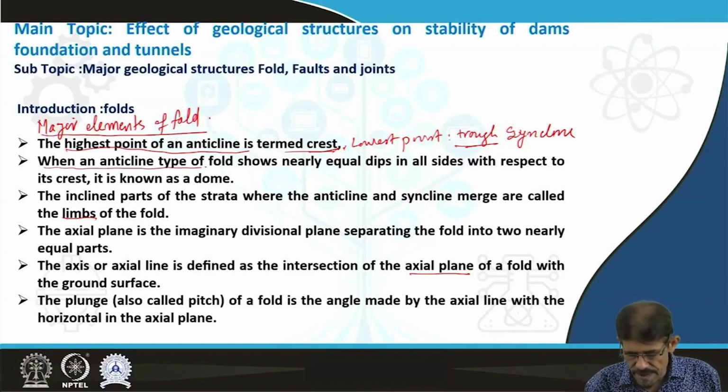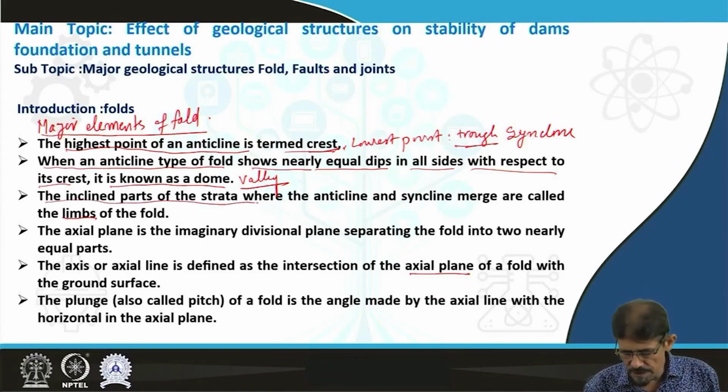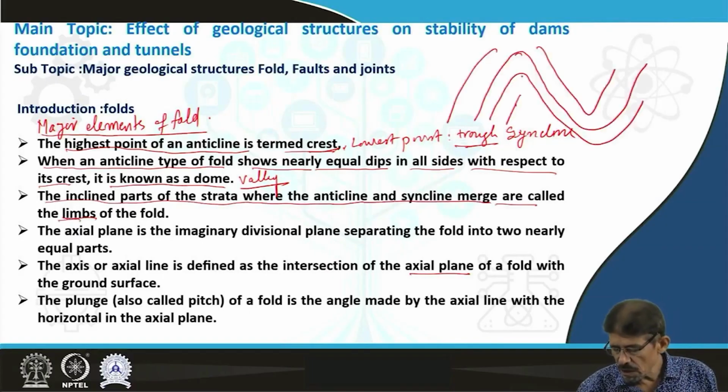When an anticline type of fold shows nearly equal dips on all sides with respect to the crest, this structure is known as a dome, and the depressed part is known as a valley. The inclined part of strata where the anticline and syncline merge are called the limbs of the fold. This part is recognized as limb and the highest part is recognized as crest.